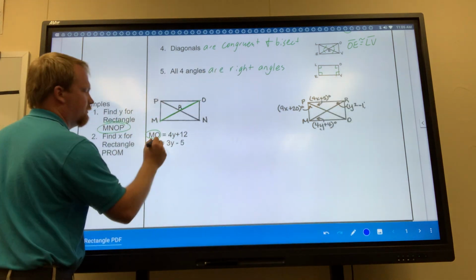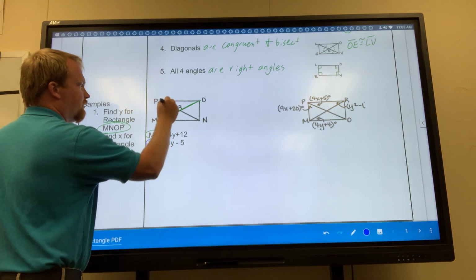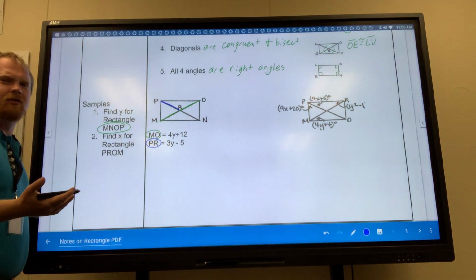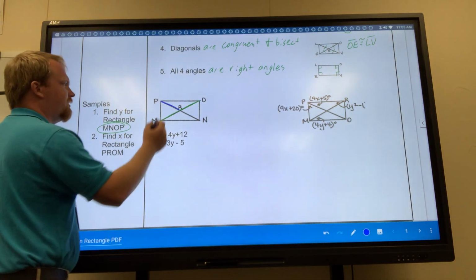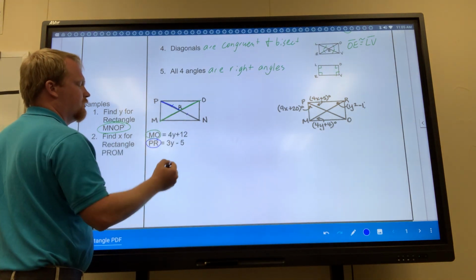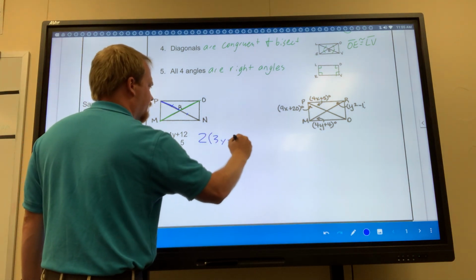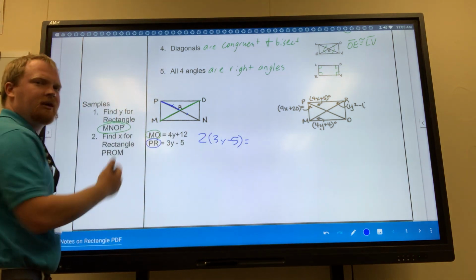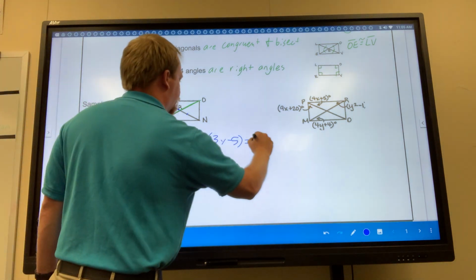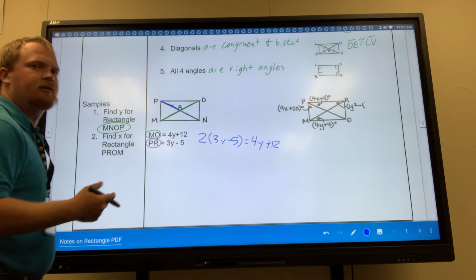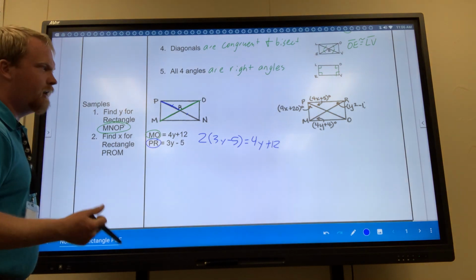PR is this length right here. So what do I have to do? Well, we know that this is bisected. So if I double 3y minus 5, I know that's going to be equal to 4y plus 12. Okay? I know that to be the case.